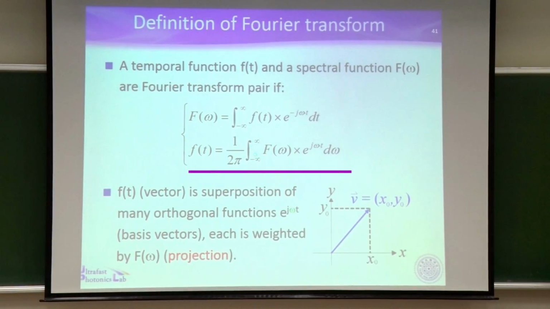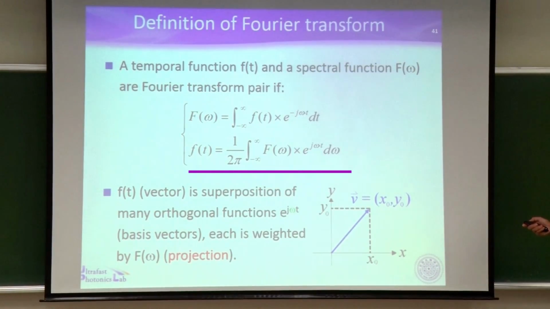You see integration, which is a generalized summation. So f of t is the summation of many e to the j omega t. Each one has its specific frequency omega. If you sum them together, you can synthesize f of t.